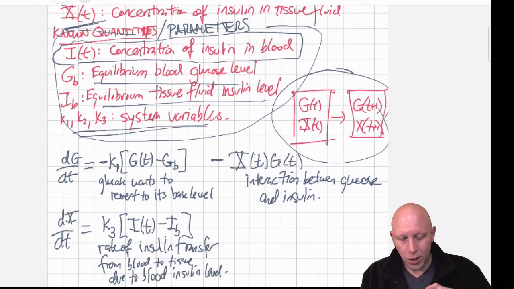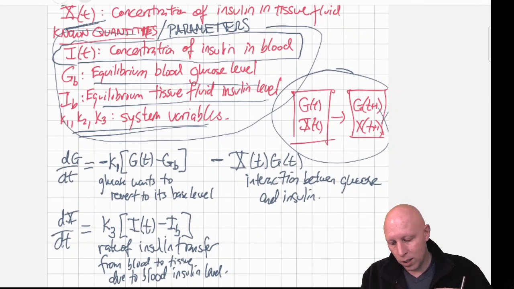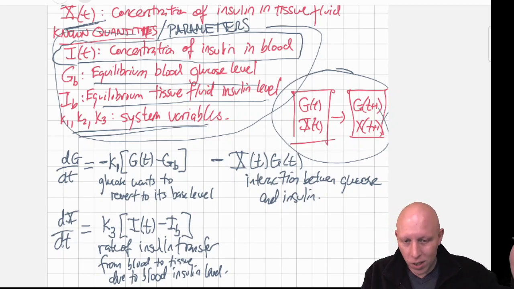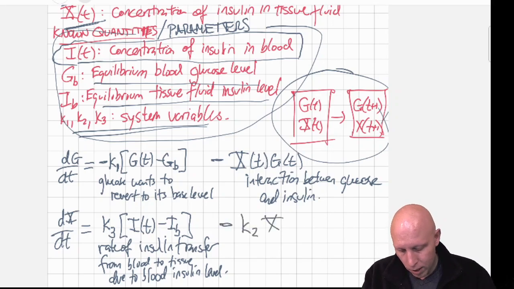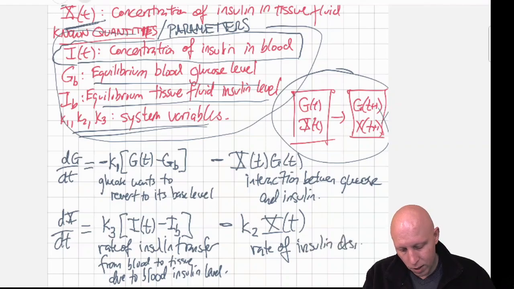If your blood insulin is really far away from its equilibrium value, it's going to send more insulin into the tissue. And then minus K2 times x of t, the rate of insulin disappearance due to being used or broken down.